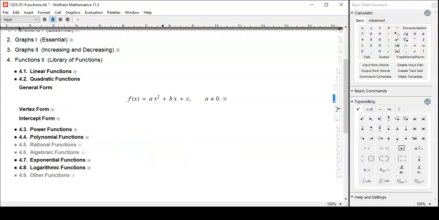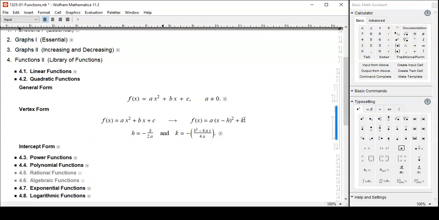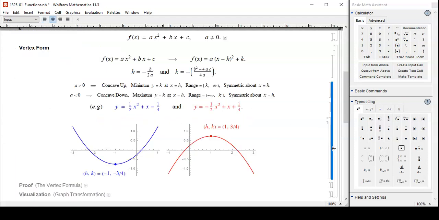Another form that you have to remember is the vertex form, the latter form here. Same a, so it determines concave up versus concave down, and then (h, k) is the vertex. Like this, (h, k), negative 1 comma negative 3/4 in this case, and positive 1 comma 3/4 in that case.